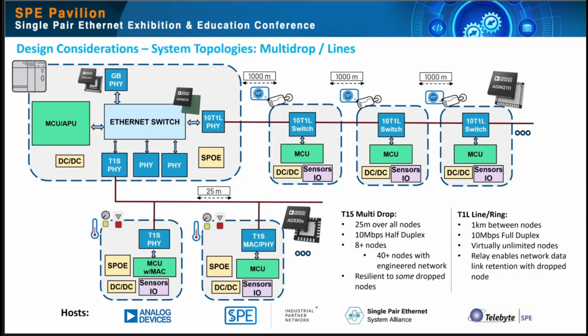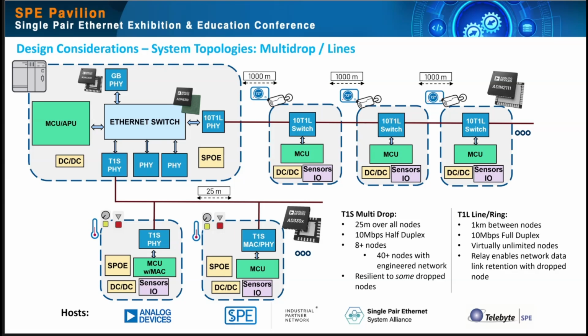So if we look at the differences here, T1S being multi-drop, we can operate over at least 25 meters, at least 8 nodes or more. And as we heard from our ODVA and Rockwell colleagues earlier this week, there are solutions that have like 40 nodes. So you can achieve greater than 8 nodes with these types of T1S solutions.